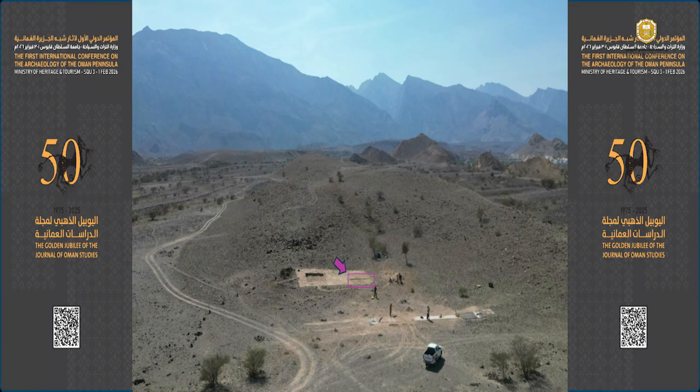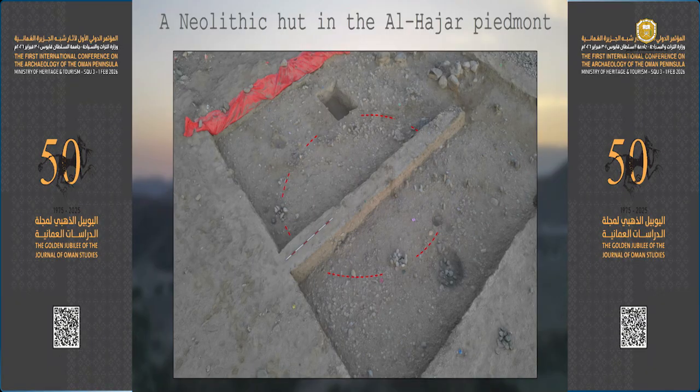After 2 years of campaign, we were able to identify the remains of a possible dwelling structure, a complete hut that is defined by a series of post holes and stone wedges that follow a rather circular, or slightly elliptical, shape, with measurements of about 4 meters by 3 and a half.